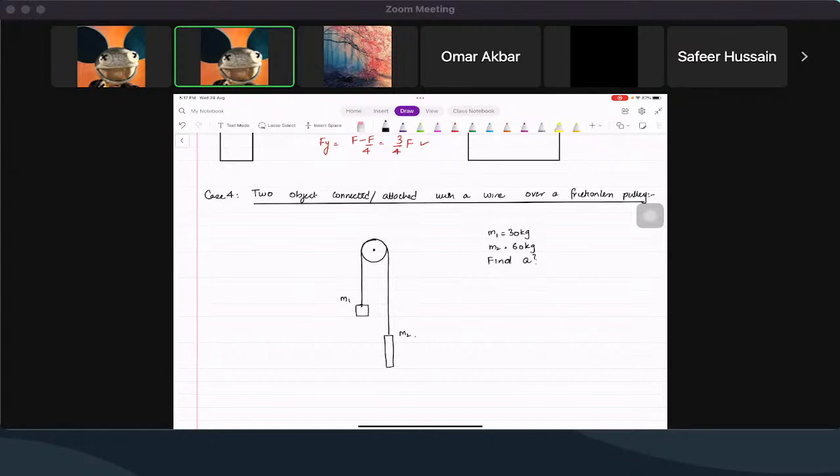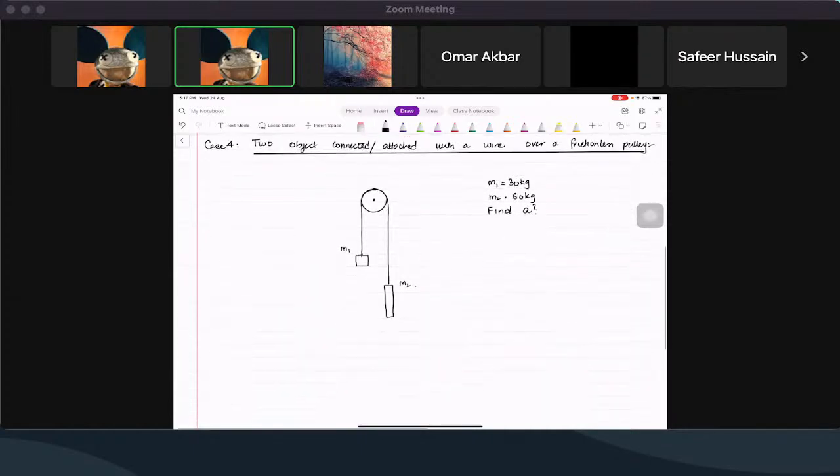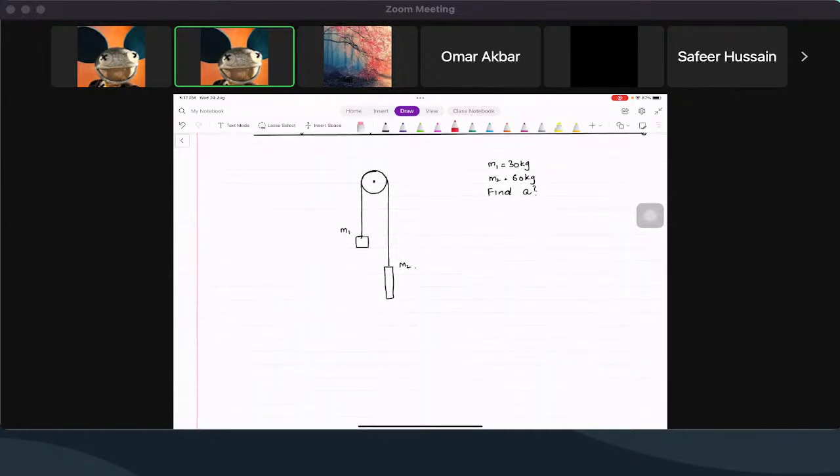Now, you guys need to understand that the weight of this, let's call this weight 2, will be equal to m2 times g, and the weight of this will be m1 times g. Is it clear, everybody? Yes, sir.